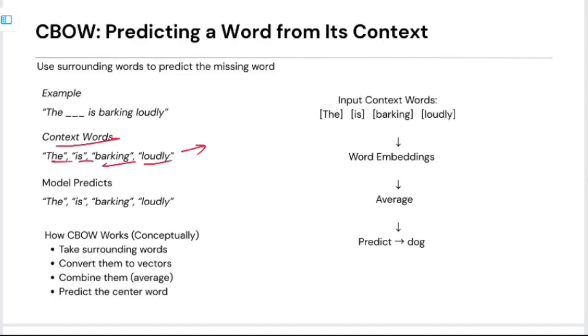The goal of CBOW is to use these words to predict the missing word, which is dog. So what does the model do? First, each word is converted into a word embedding, and then all these vectors are combined, typically by averaging. So first we create the word embeddings, then we average them out, and then the model predicts dog.